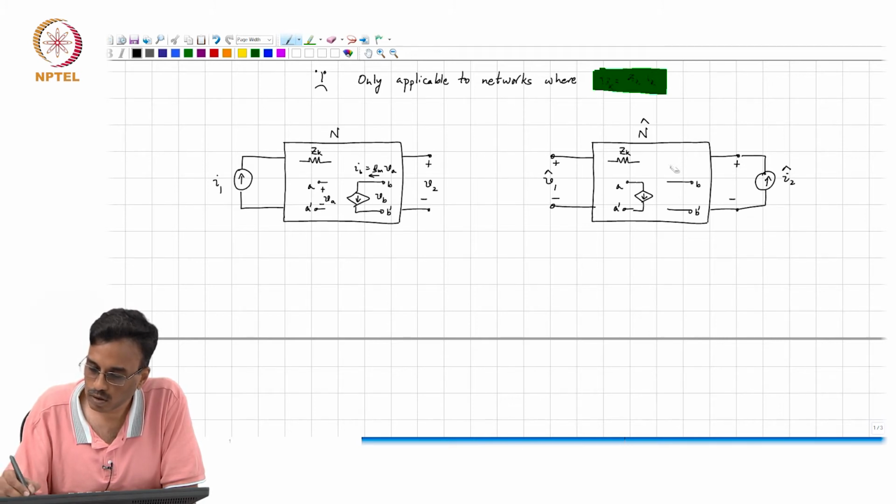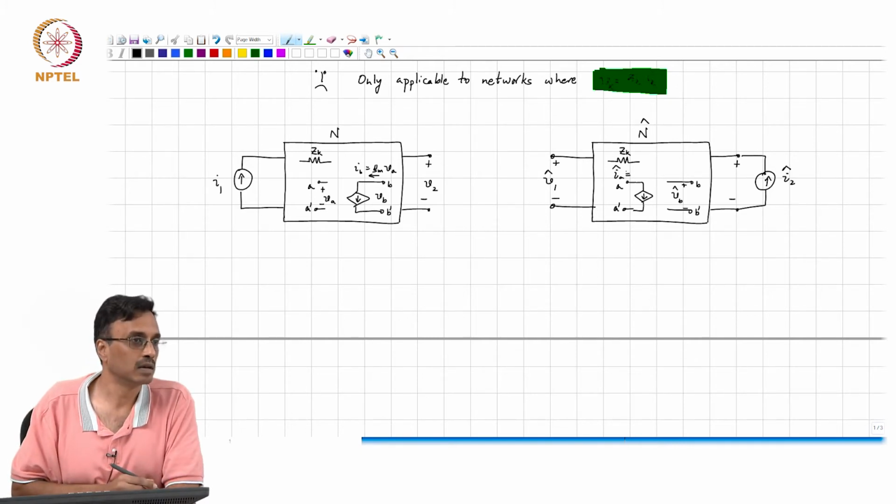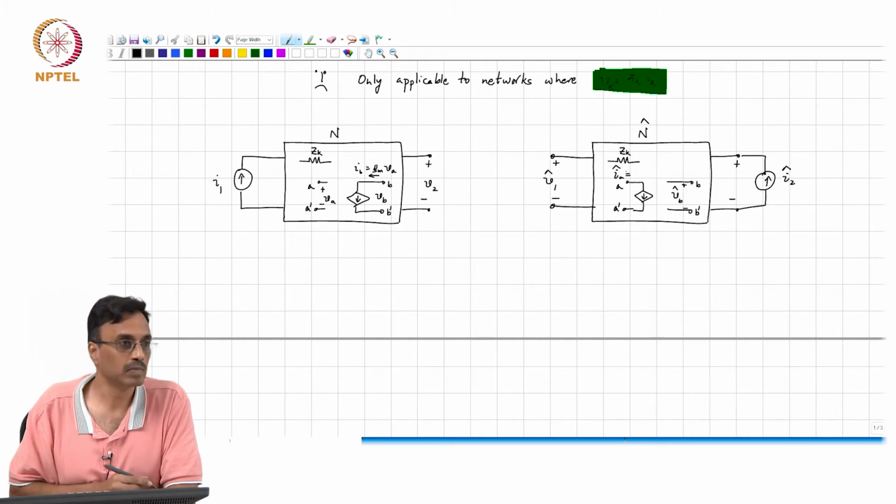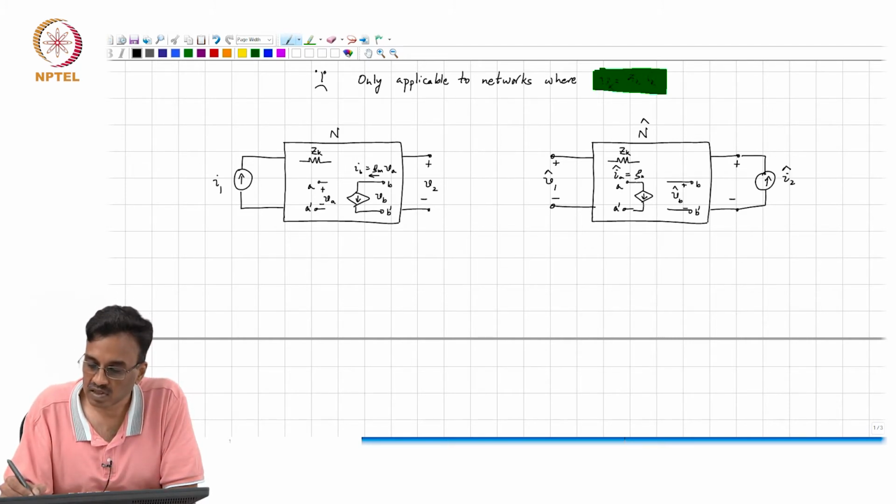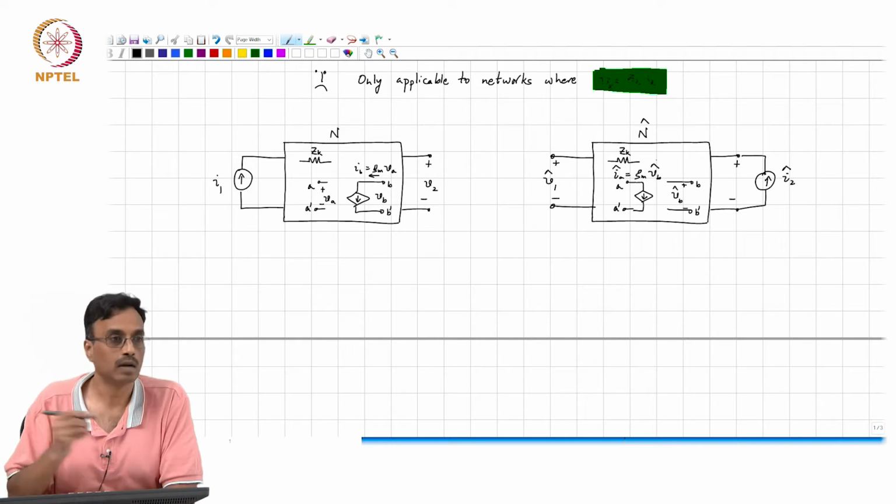So this is V_B hat, and this current I_A hat is, what did we see last time? G_M times V_B hat, right?